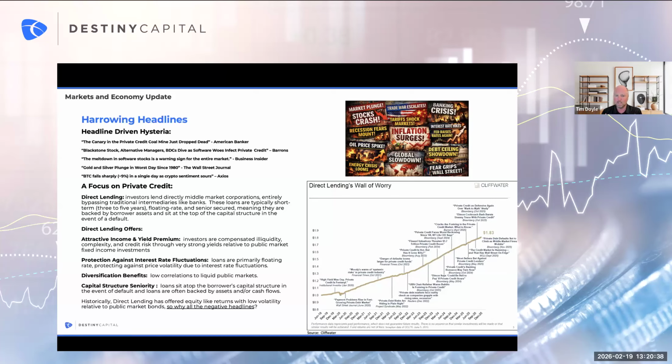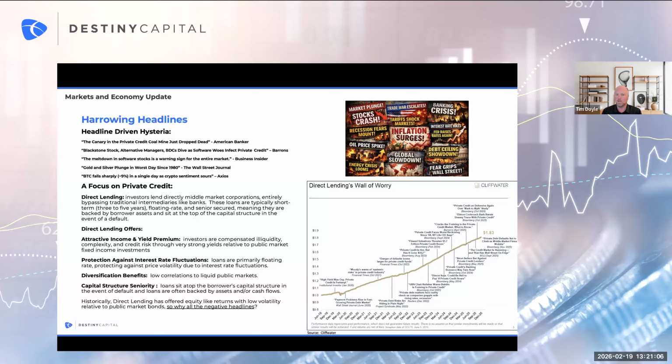And in stepped private markets, private investors, to fill that void for those middle market corporations, so they could get the lending they needed to grow, to service their clients, to grow their business, revenues, top line and bottom line. And private credit and direct lending specifically has grown precipitously in recent years, and over the past decade has grown tremendously in popularity.